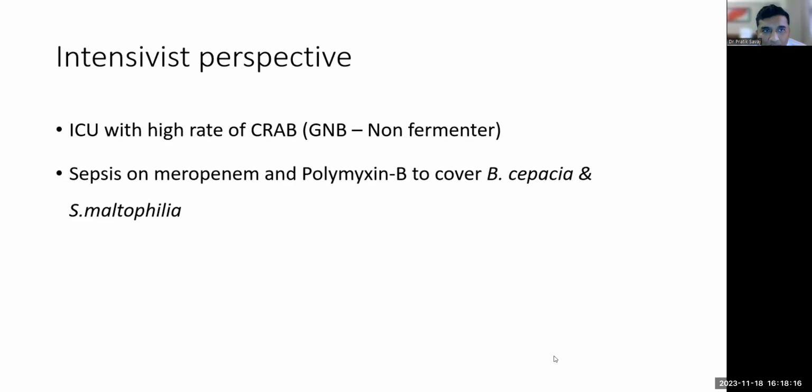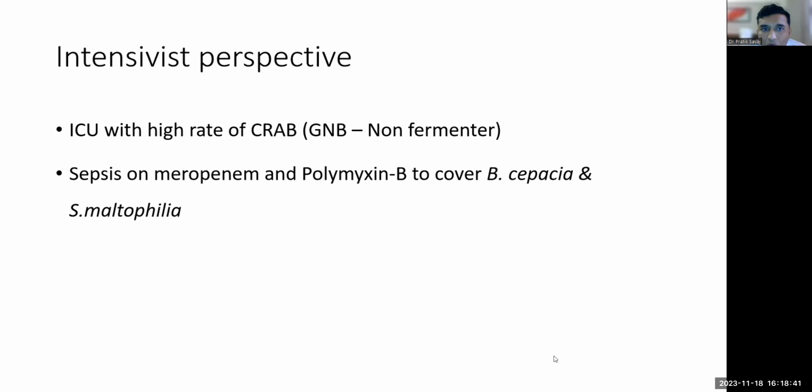From an intensivist perspective, when can we consider minocycline in our therapy? In those ICUs which have a high rate of carbapenem-resistant Acinetobacter. Whenever you send an ET culture because you suspect hospital-acquired pneumonia, and the culture shows a gram-negative pathogen and your microbiologist tells you it's a non-fermenter.